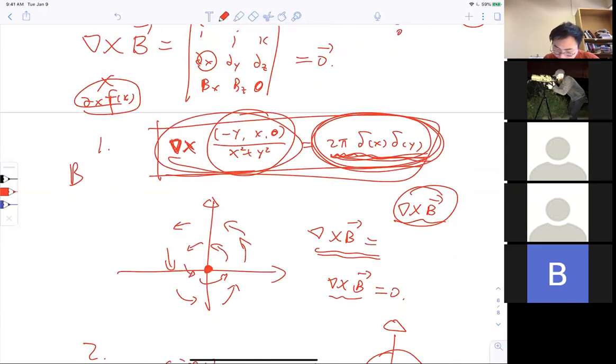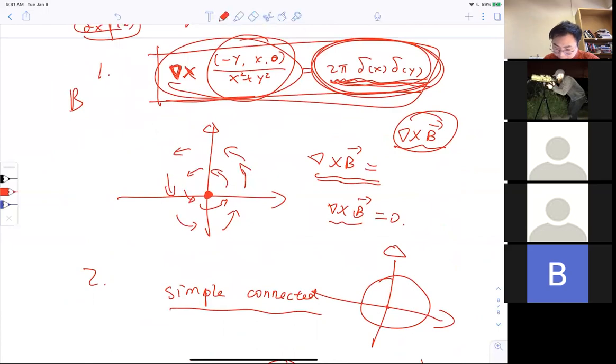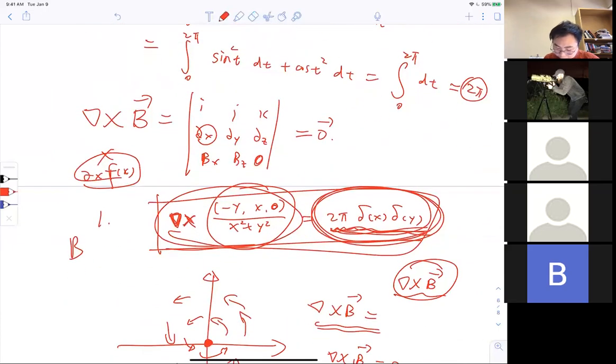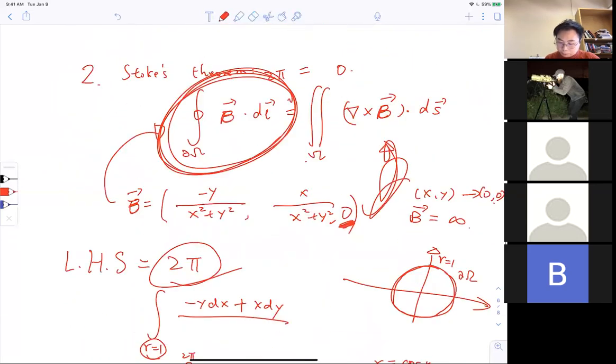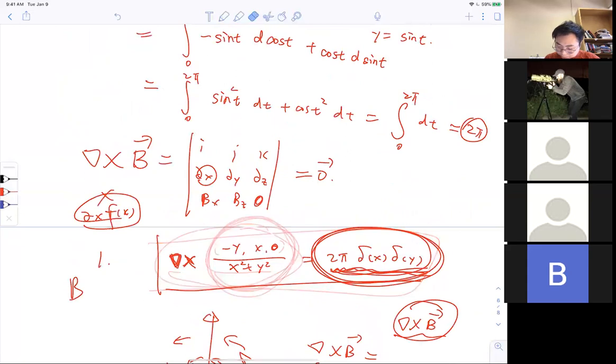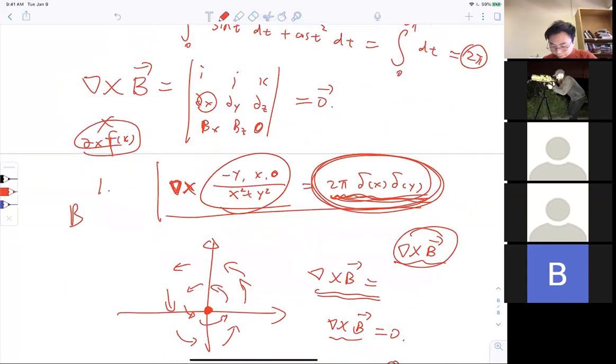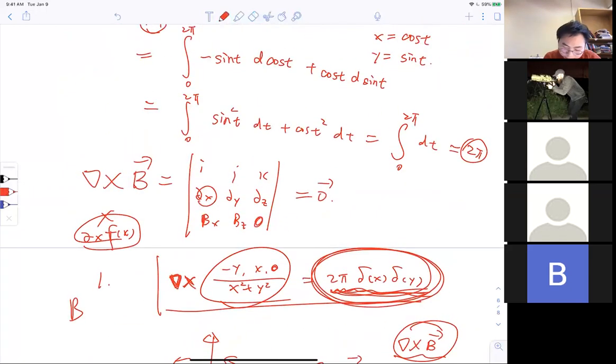Since I taught this class last quarter, they actually gave an exam problem asking why the Stokes theorem doesn't work for this field. It's because the curl calculation breaks down at that singular point. The reason is quite simple.